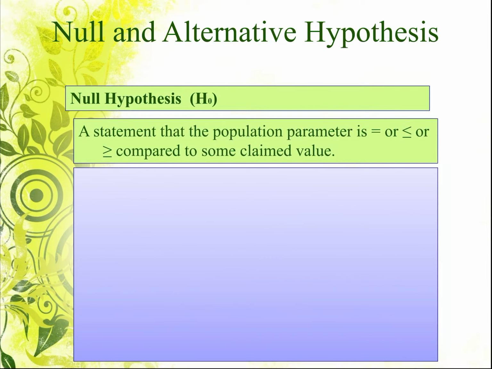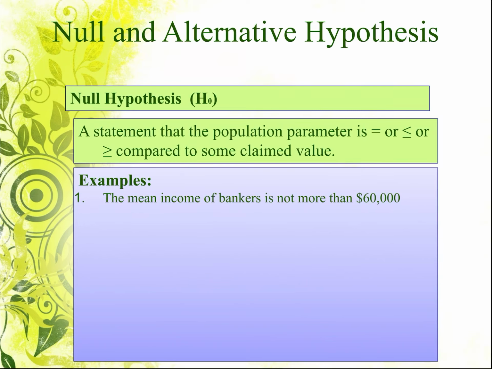It means nothing. H naught is a statement that the population parameter has an equality in it. So it's either equal to, less than or equal to, or greater than or equal to some claimed value. It basically is the part of the statement where the value has not changed.